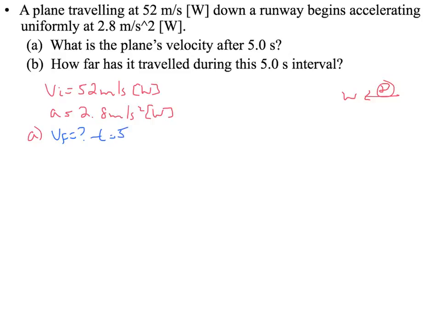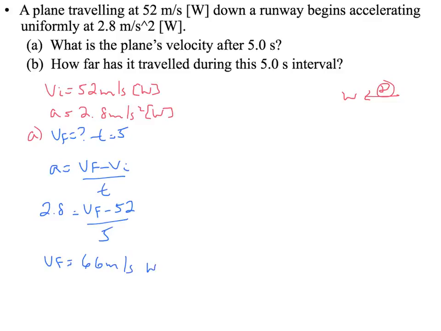Again, we've got to figure out what equation we want to use. Let's use our basic A equals VF minus VI over t. 2.8 equals VF minus 52 divided by 5. We do a little bit of rearranging, and we get VF equal to 66 meters per second west.